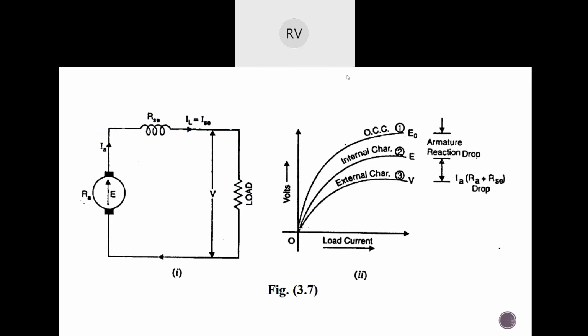When there is no load on the machine, then the machine will only be supplying the losses, right? This we know. So under no load condition, you will have the maximum amount of voltage generated. That is E naught, the amount of voltage generated in case of no load condition. This E naught value will be very high.